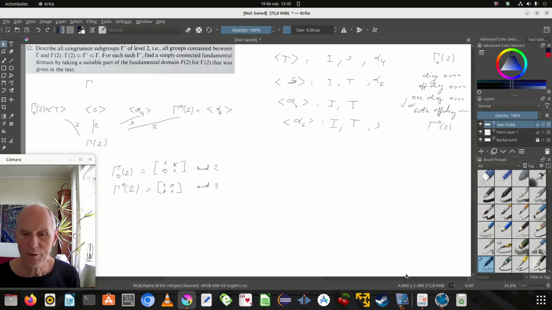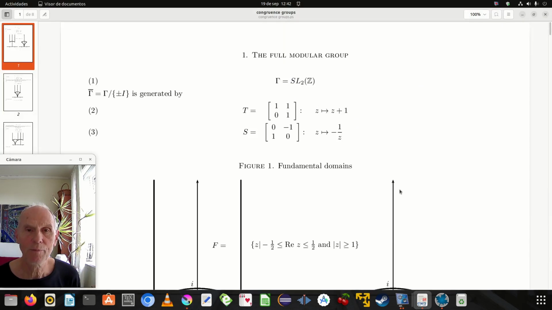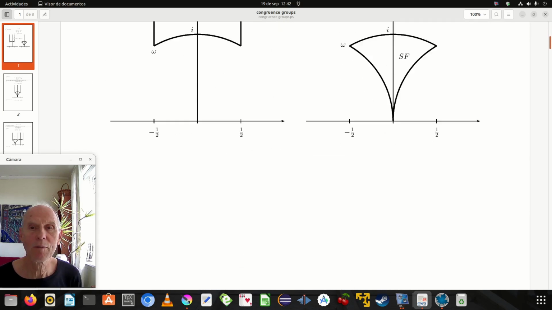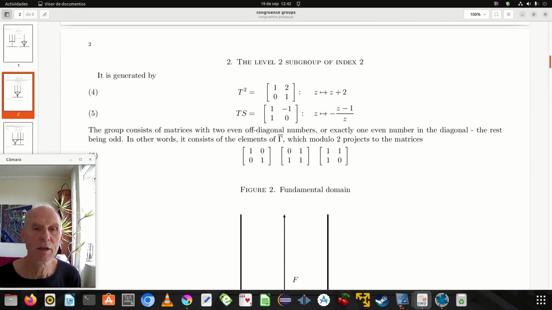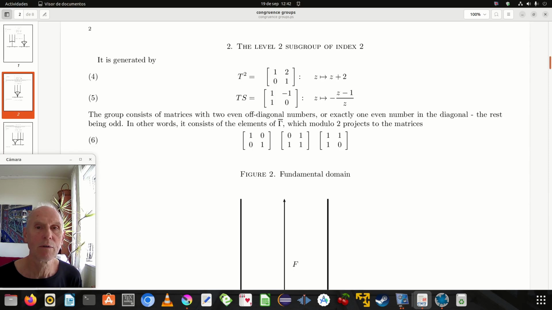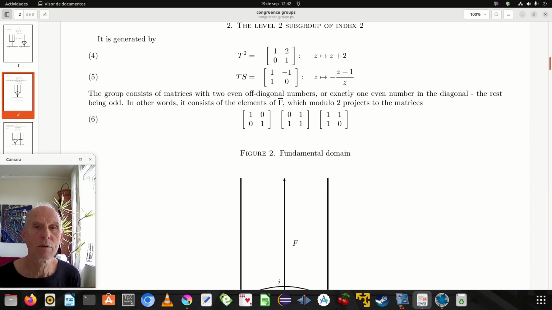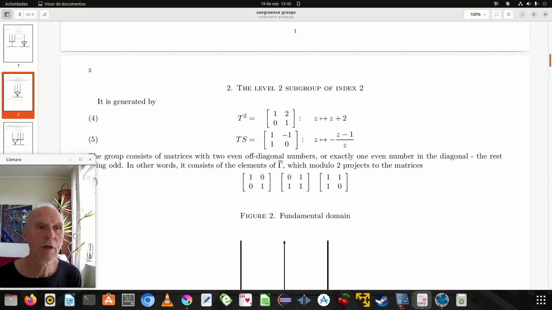Time to look at my map of the fundamental domains. Now what is this?